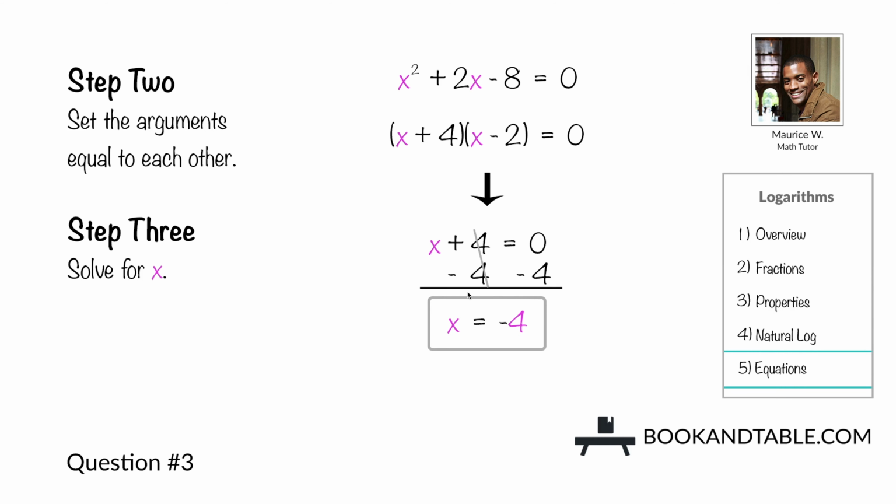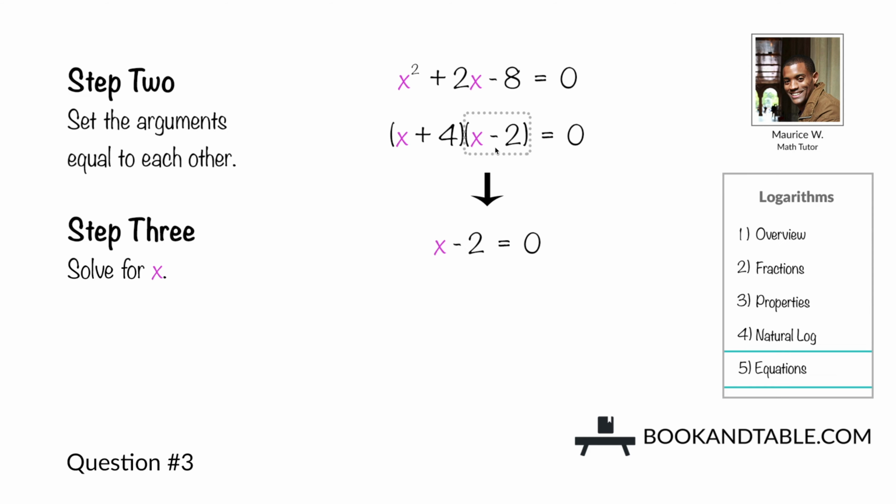So one possible value for x is negative 4. And to find our second potential value, we set our second factor, x minus 2, equal to 0. And now we solve for x by adding 2 to both sides, showing us that x is equal to 0 plus 2, which is 2.